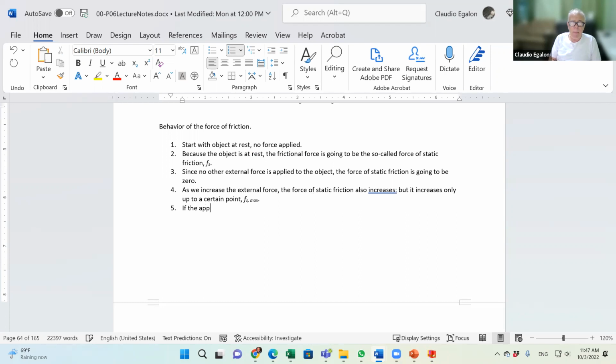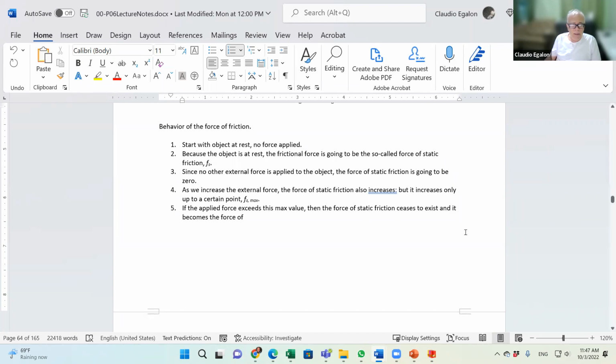If the applied force exceeds this maximum value, then the force of static friction ceases to exist.